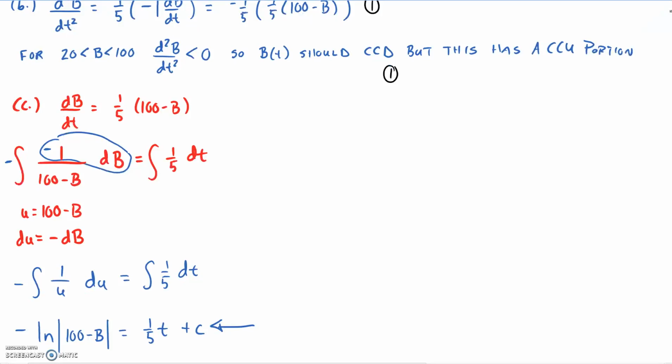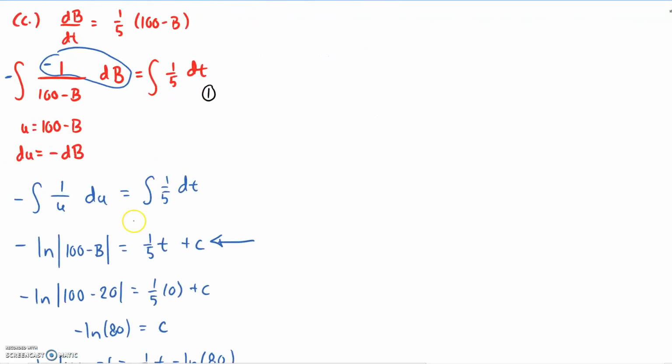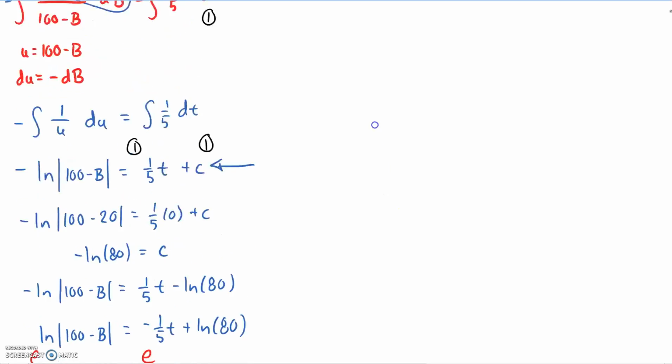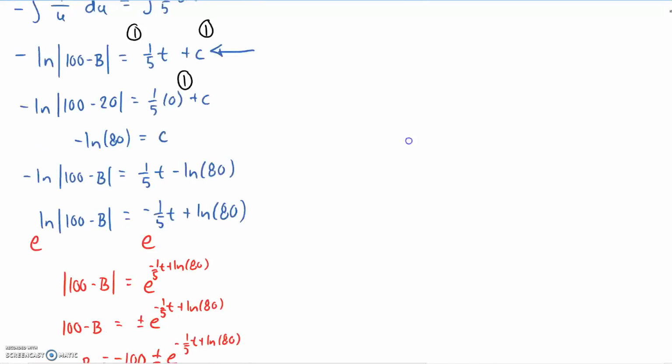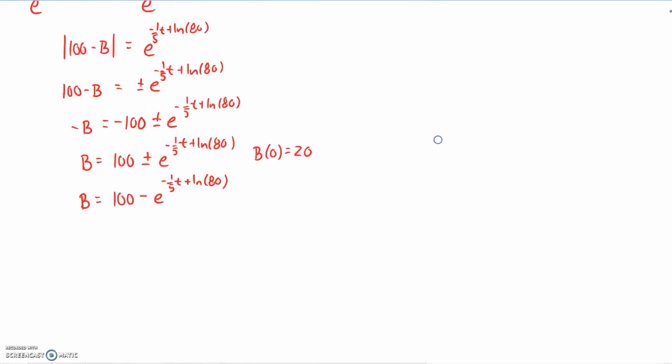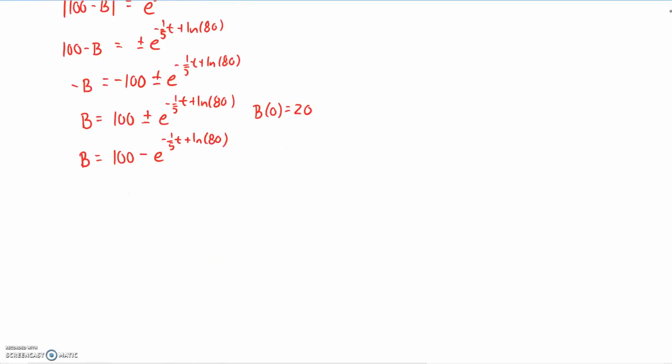Separation of variables is 1 point, integrating correctly is 1 point, writing plus c is 1 point, using the initial conditions is 1 point, and then getting all the way to the correct final equation is 1 point as well. That's 9 total points.